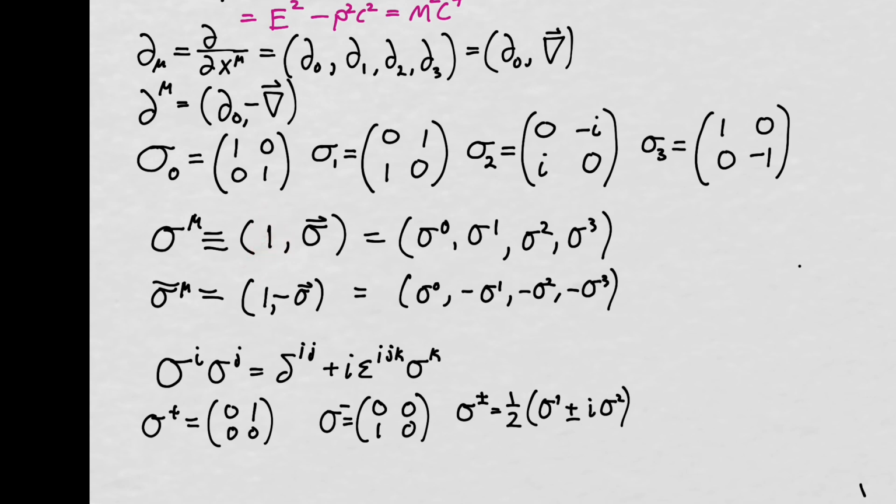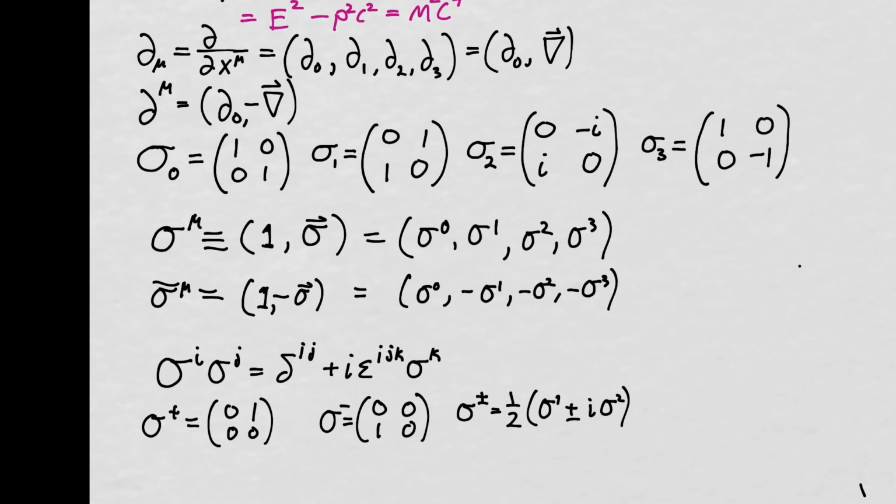So when you see a 1, it's the unit matrix we're talking about here, not the number 1. And then the 3 Pauli matrices are again formed in this convenient vector notation. This is supposed to mean sigma 0, sigma 1, sigma 2, sigma 3, because sigma 0 is the identity matrix.